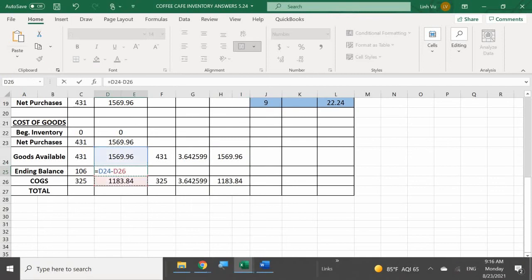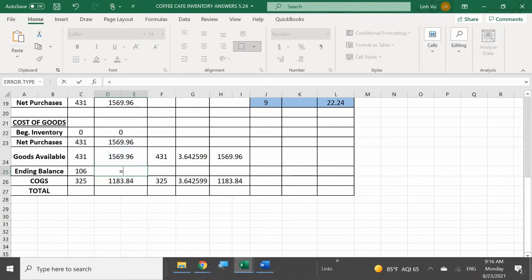The 1183.84. No, that's the cost of what you sold. Oh. So what should your ending be? Repeat the question. What is going to be the total cost of your ending balance?